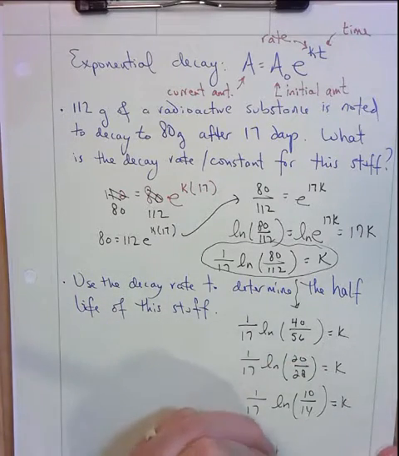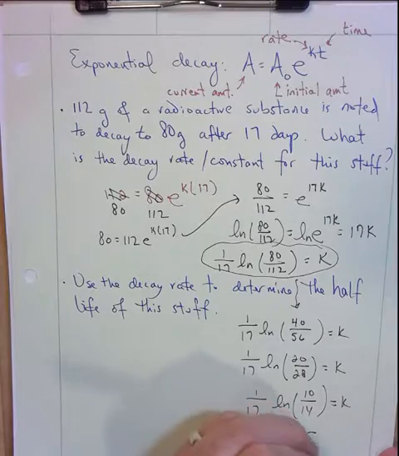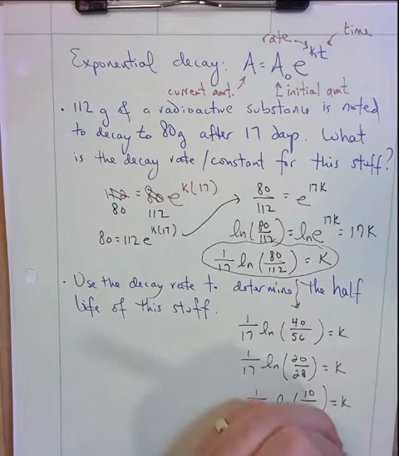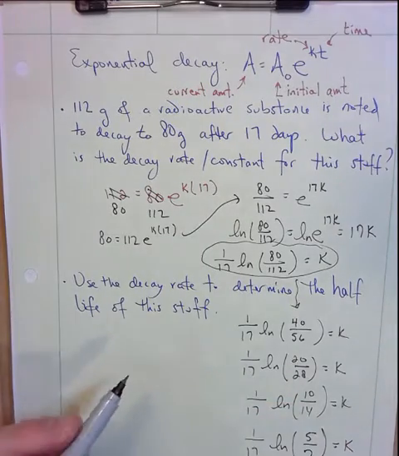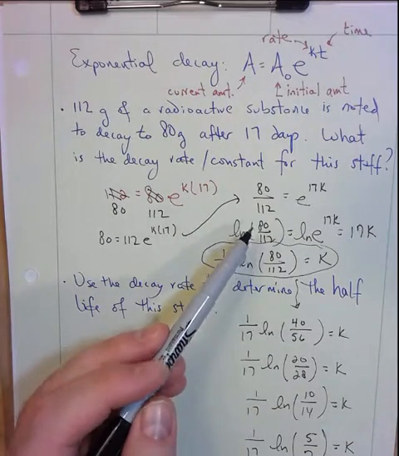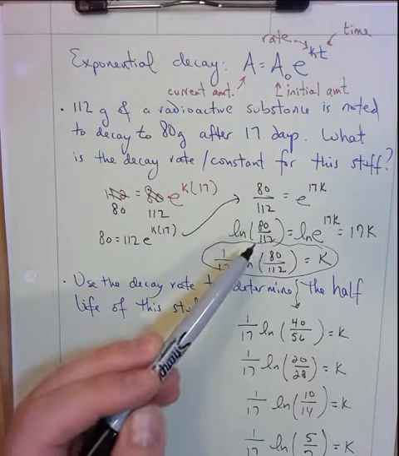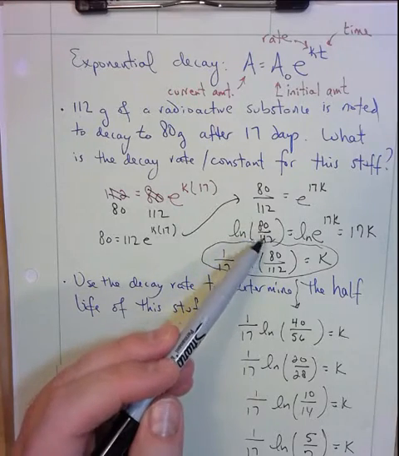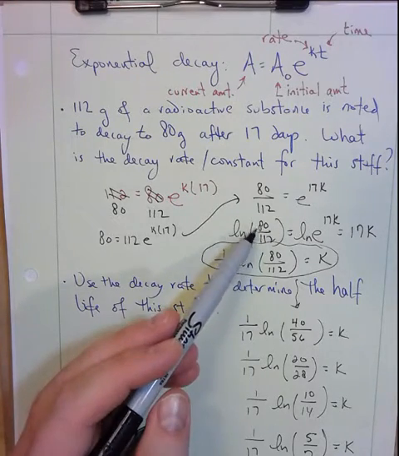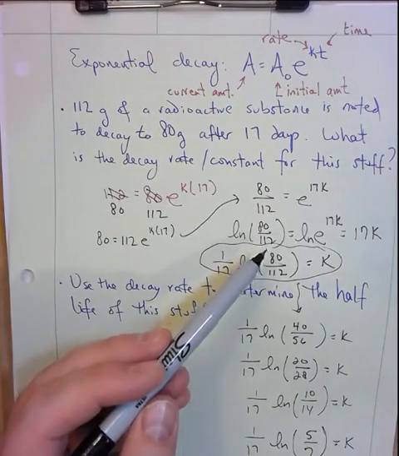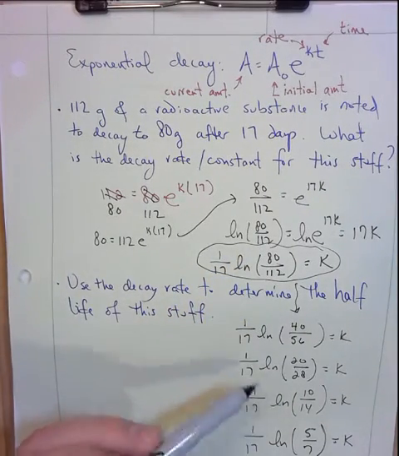And how about 5/7? Anyway, there was something in common between the 80 and the 112 that let me dig this fraction all the way down to natural log of 5/7.